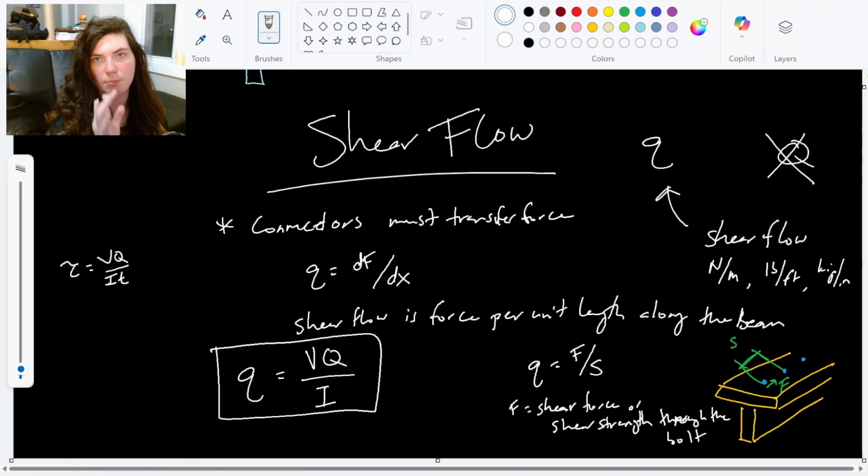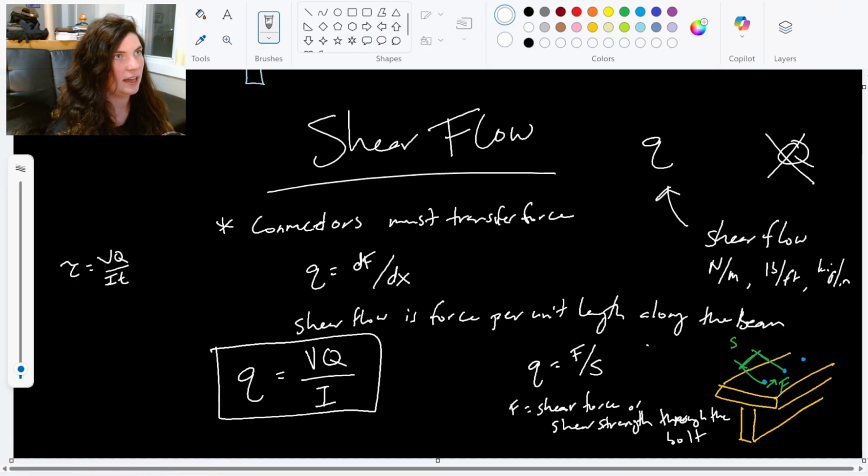It's how much that bolt can handle. So it might say, oh, this bolt can handle 1,000 pounds of force before it breaks. So that'll tell you that my shear flow needs to be lower, right? Or I can design my spacing based on the shear flow that I calculate here. And I know that they can only handle 1,000 pounds of force. So I want to space them out so that they handle less than 1,000 pounds of force for every bolt, right? I don't want them to go to failure. So shear force or strength through the bolt, supported by the bolt.